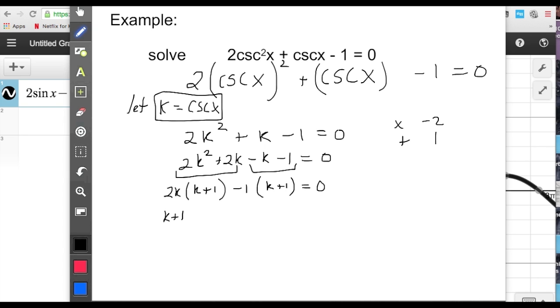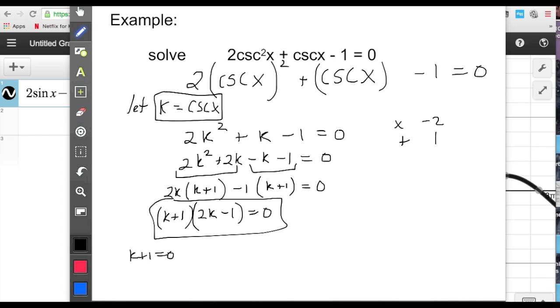I got k plus 1 times the remainder. What's left? 2k minus 1. Alright, so notice this expression turned into this expression, and now to solve this, I set each bracket to be 0 when we're solving quadratic expressions. So I've got k plus 1 equals 0, or 2k minus 1 equals 0.